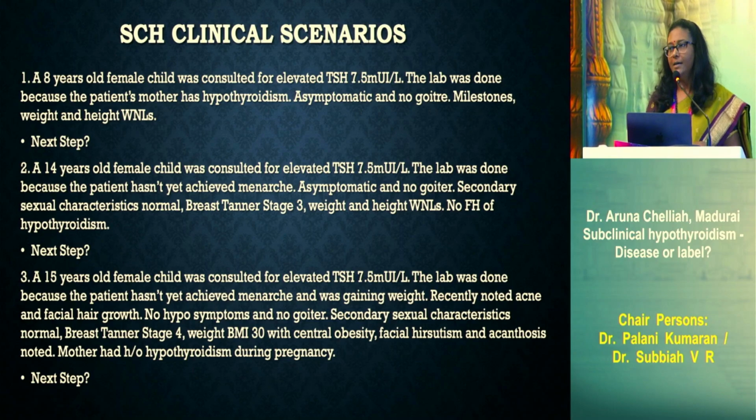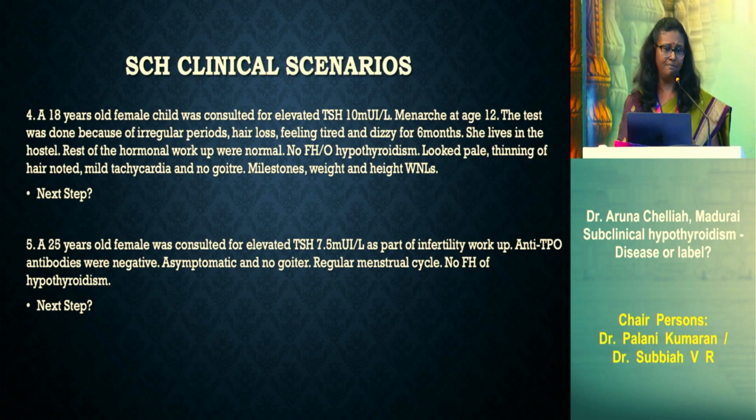All her secondary sexual characters were fine, otherwise fine, central obesity. Mother had a history of hypothyroidism during pregnancy. On further workup, she has PCOD, not hypothyroidism. When PCOD was corrected, the patient lost the weight, everything went back to normal.